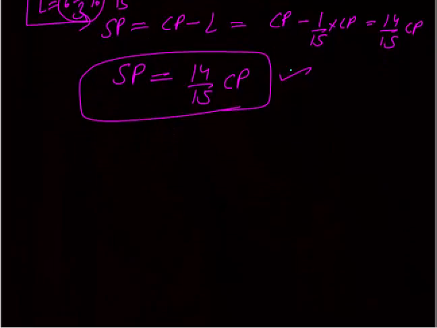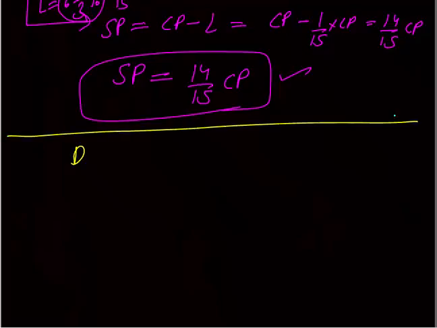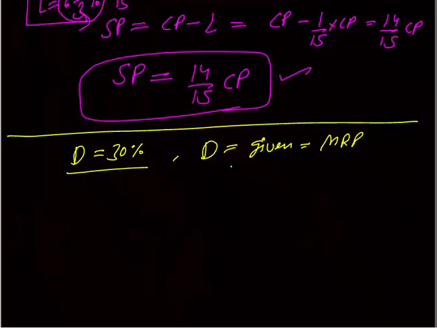Same way, discount is very important, how to understand the discount. Whenever, let's say, discount is 30%, now discount is always given on MRP, or calculated on MRP. So with a discount of 30%, at what percentage of price will you sell?